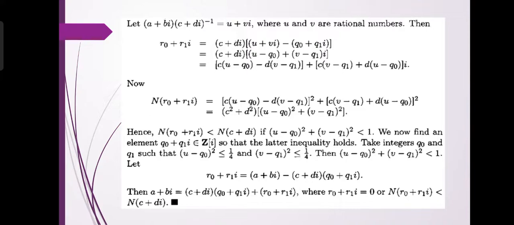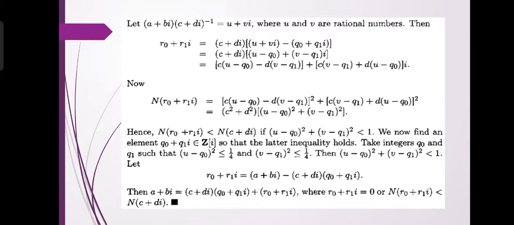Take integers q sub 0 and q sub 1 such that the quantity of u minus q sub 0 squared is less than or equal to 1/4, and the quantity of v minus q sub 1 squared is less than or equal to 1/4. Then the quantity of u minus q sub 0 squared plus the quantity of v minus q sub 1 squared is less than 1.